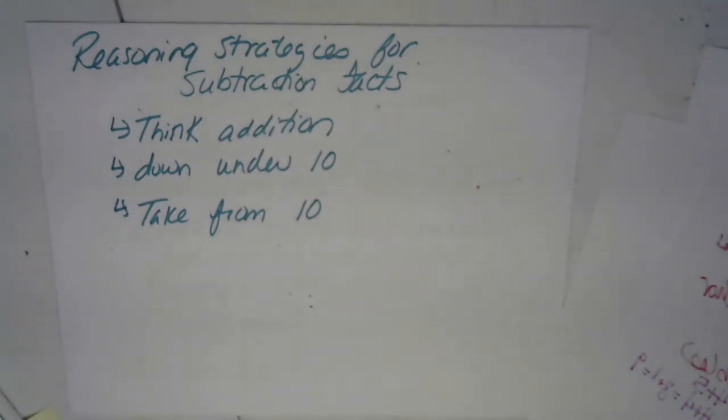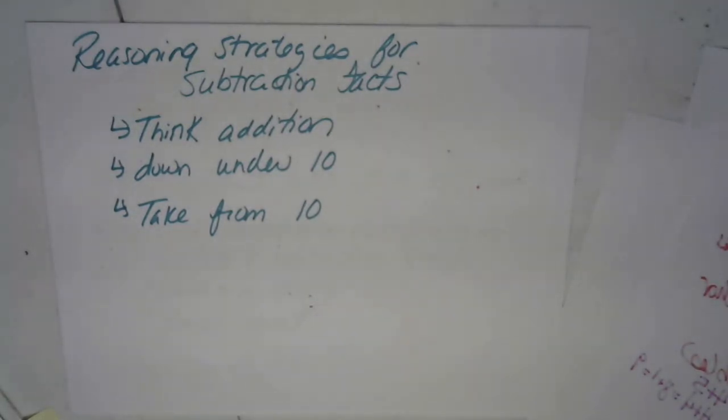Without opportunities to learn and practice reasoning strategies, students continue to rely on counting strategies for subtraction, which is a slow and often inaccurate approach. A lot of times students will get an answer wrong because they're counting on. They lose track. Counting on is great for small numbers, but when you get over 10 or 20, or the amount of fingers and toes you have, then counting on can become a problem.